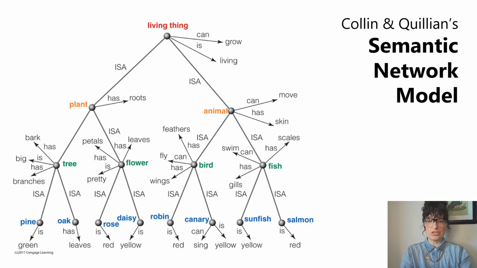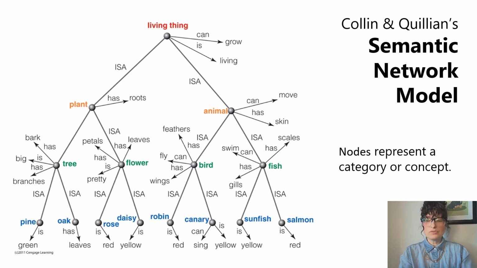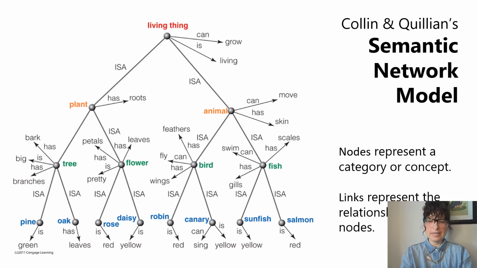And like other fishes, salmons have gills, can swim, have scales, and also is an animal. At the level of animal, we can also learn all sorts of things that also apply to salmons, like they can grow and they're living. So nodes represent a category or a concept, and links represent the relationship between those nodes.